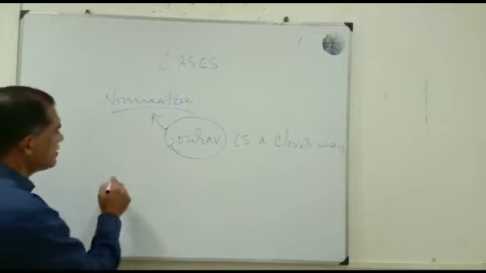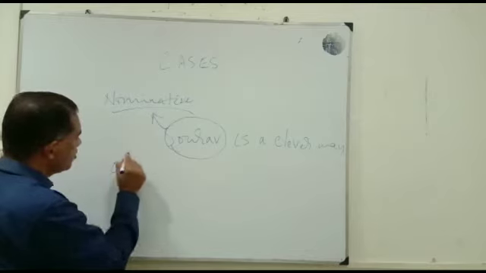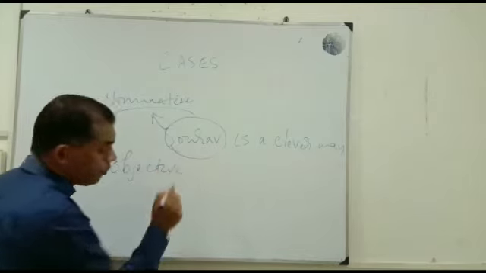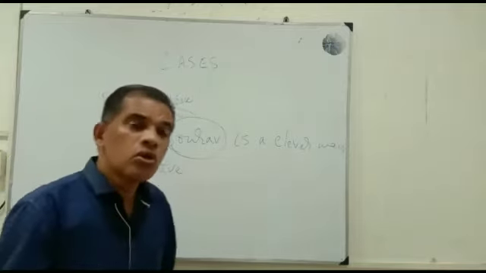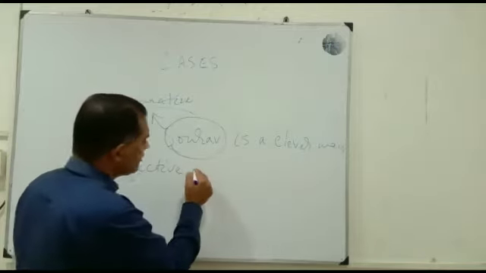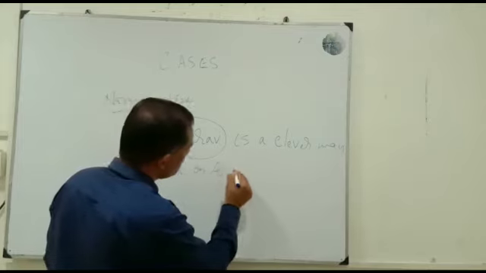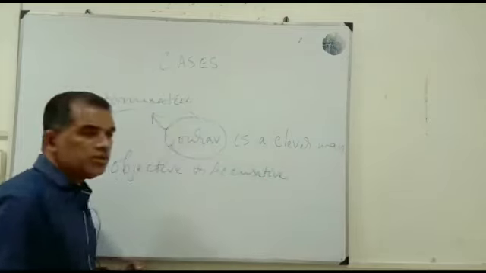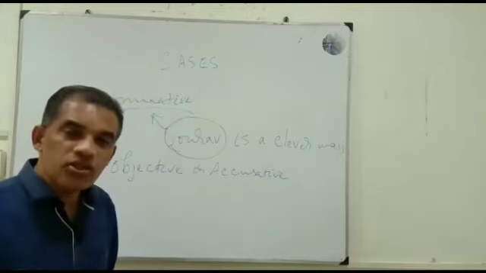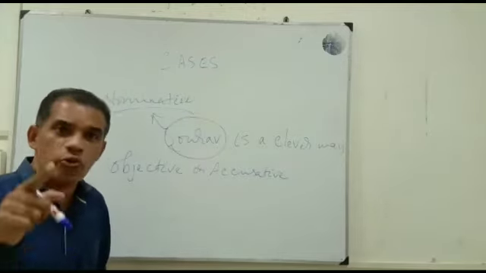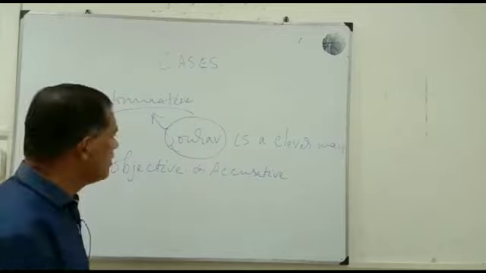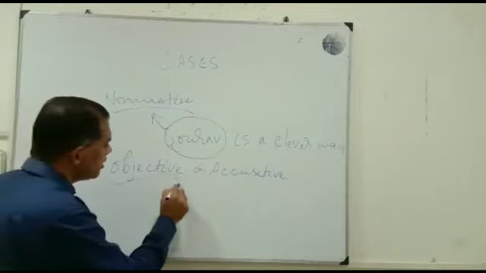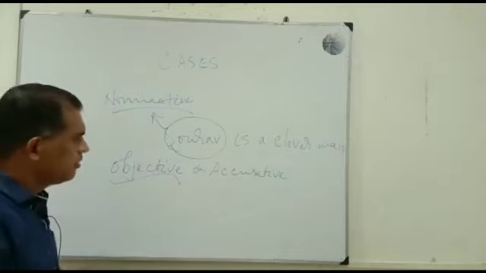Now the next case, objective case. Objective case is also known as accusative case. When the noun in a sentence is used as the direct object in a sentence, that direct object, the noun, is said to be in the objective case.